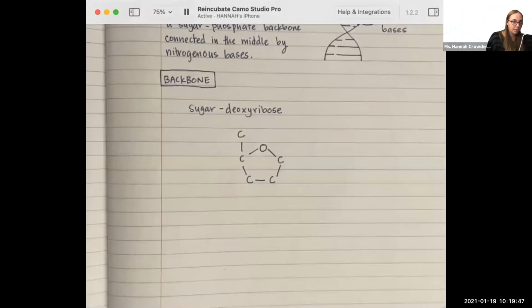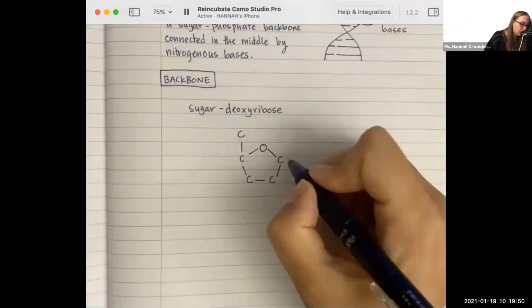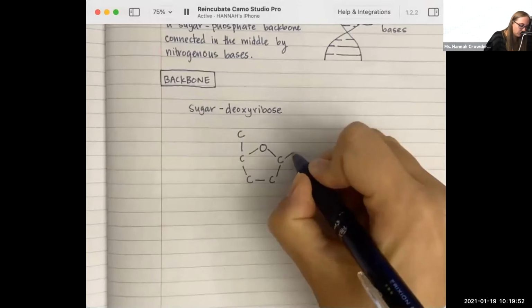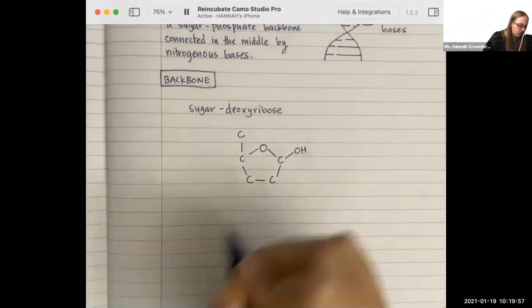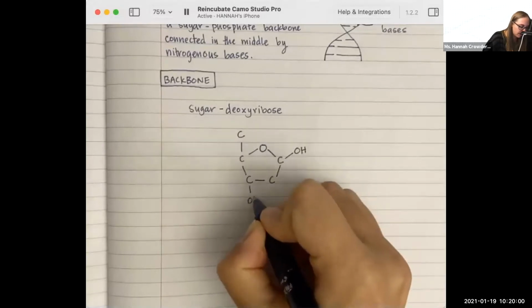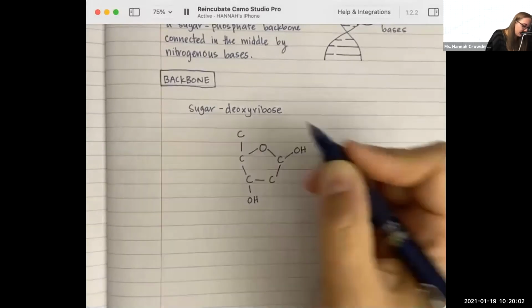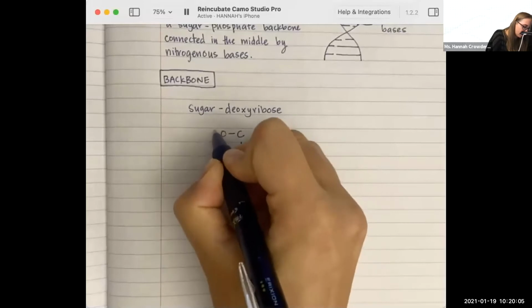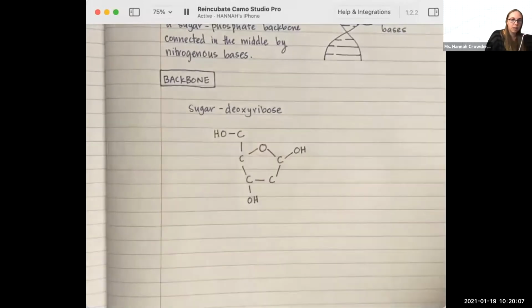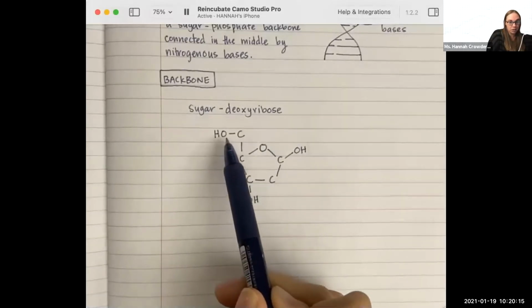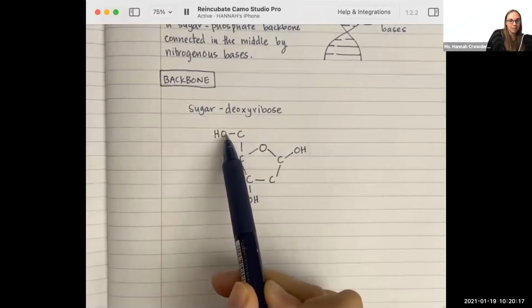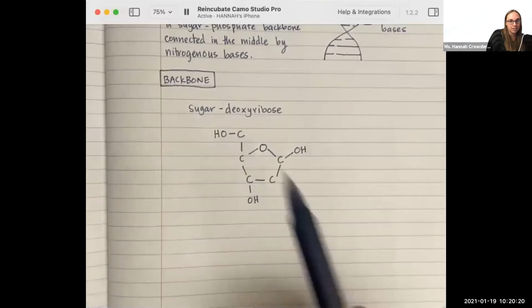And off of some of these carbons, we have some OH groups. So off of the first carbon, we have an OH. Off of the third carbon, we have an OH. And off of the 5th carbon, we have an OH. And OH groups are connected by the oxygen to the carbon. So that is why, even though this is an OH group, I've written it HO, and that's because the oxygen is what is actually connected to this carbon.